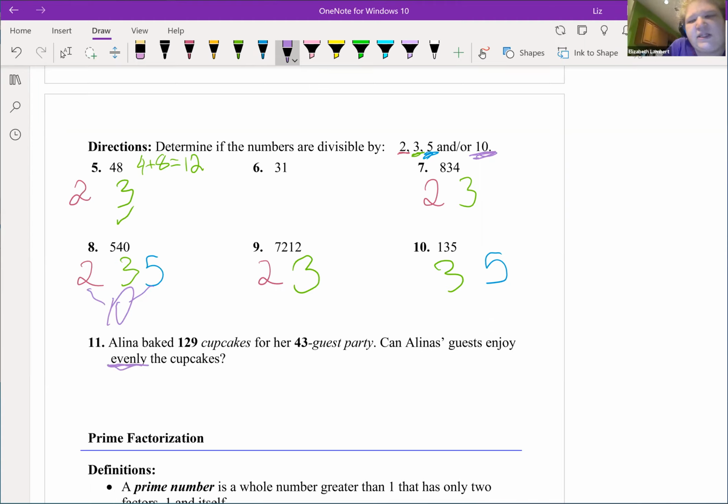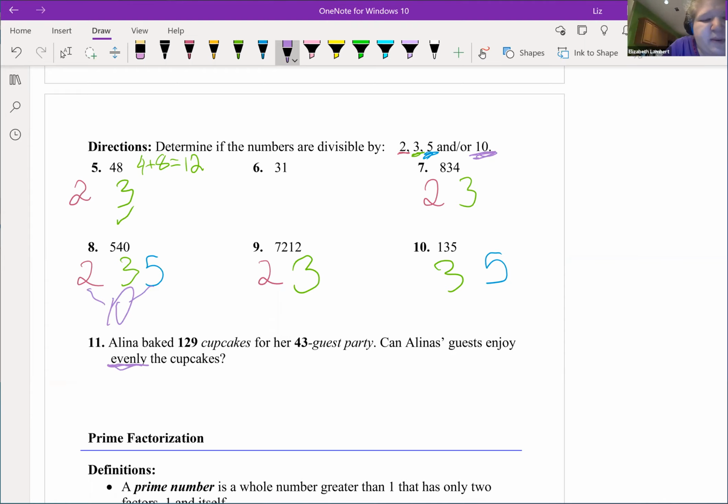So evenly means how many whole cupcakes can each person eat, and would there be any left over? 129 is not even, but let's see what it is divisible by, because if I can break it into a smaller pair, I can see what the other number is made up of and work through my pairs there. So 1 plus 2 is 3 plus 9 is 12.